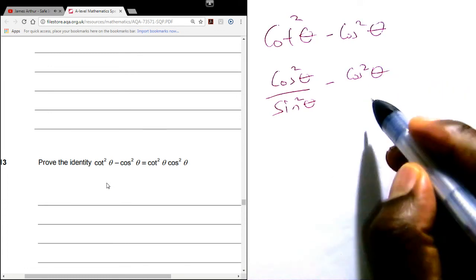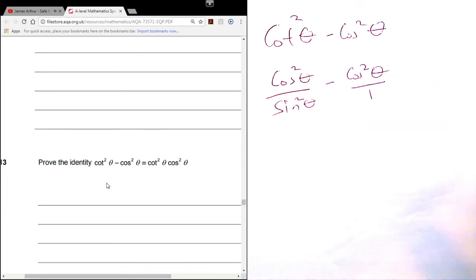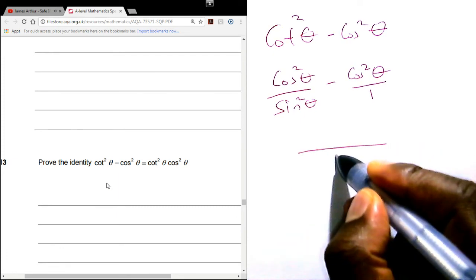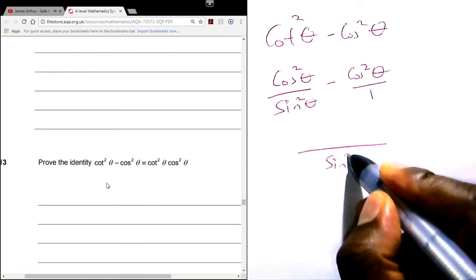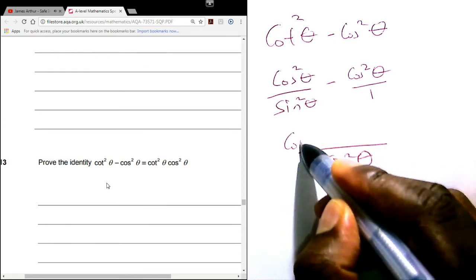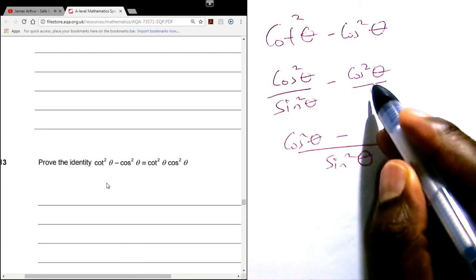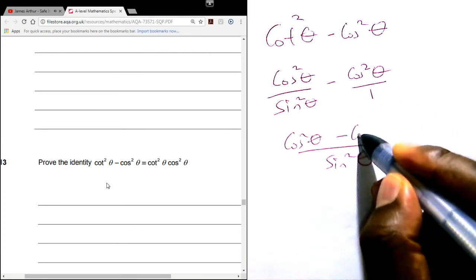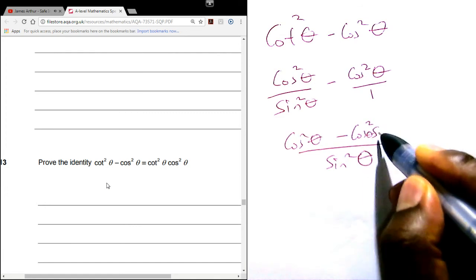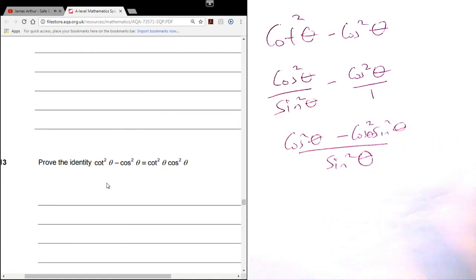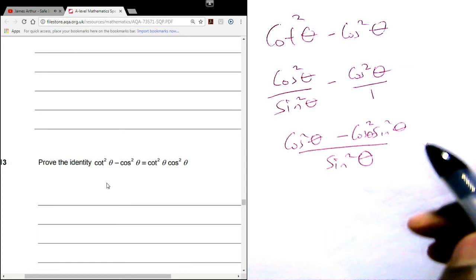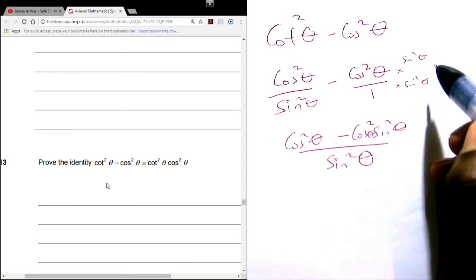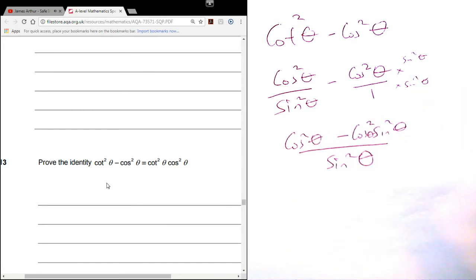Now this is a fraction over 1, obviously, and when you're trying to solve things like this, you'd want to have an LCM of sine squared. So there you have your cos squared theta, and here you'd have cos squared theta sine squared theta, because we've simply multiplied the top and bottom by sine squared just to make it have the same denominator.